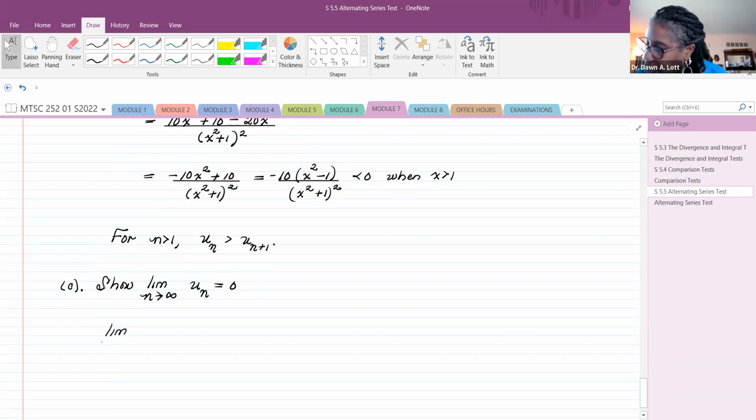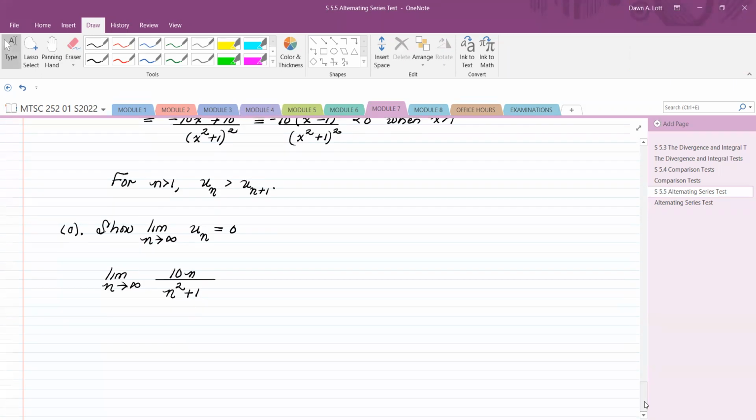The limit as n approaches infinity of 10n over n squared plus 1. So it would equal infinity over infinity. Then you do L'Hopital's rule, which would be 10 over 2n.